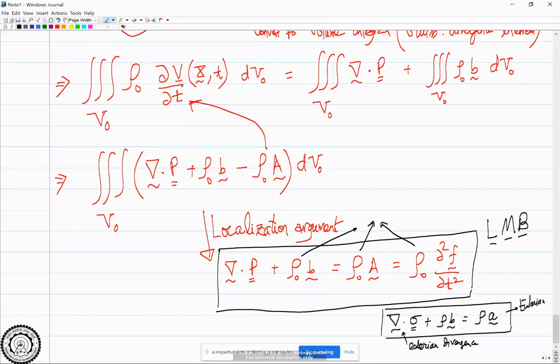In Eulerian forms, rho will be a function of time also. Yes, of course. So here this rho, as you see, is without naught. So it is the Eulerian density, which is also changing with time.